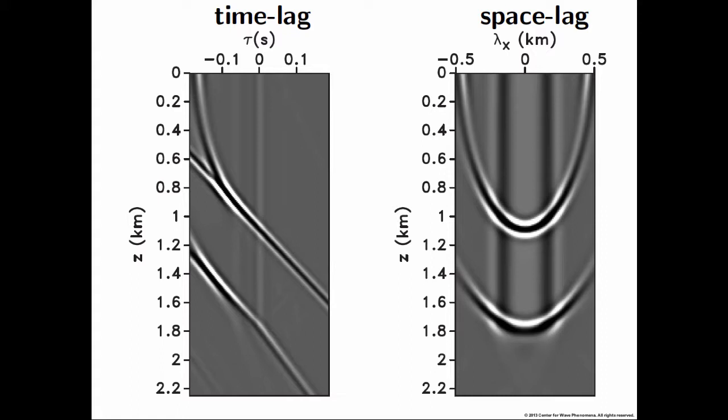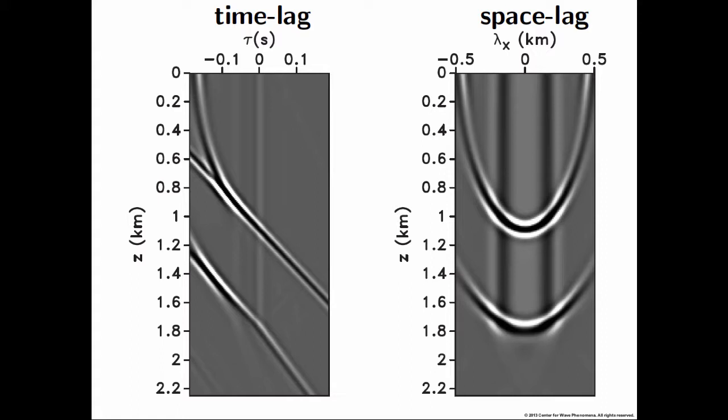So in this very simple example, and in my last year's report, I show that these two parts of the gathers, the backscattered energy and the reflected energy, both contain kinematic information, and they behave in a similar way.